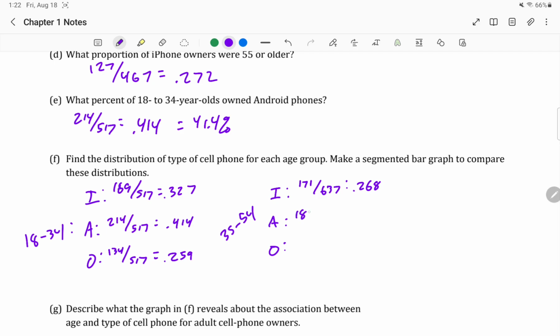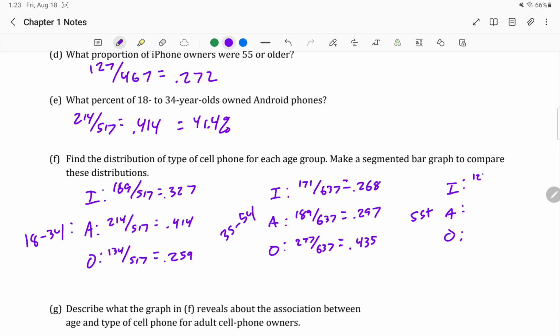Android was 189 over 637, which was 0.297, and then other was 277 over 637, which is, let me make these actually equal signs, 0.435. And the last one was 55 plus, iPhone, Android, other.